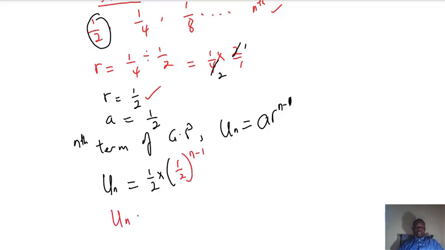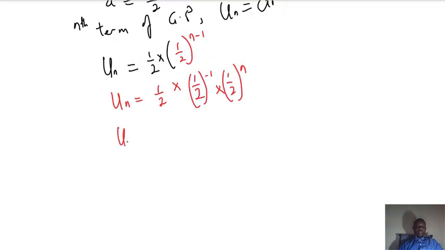So you have Un equal to 1 over 2 times 1 over 2 exponent negative 1 times 1 over 2 exponent n. So Un equals 1 over 2 times, because the exponent of this one is negative, we will make it positive by finding the reciprocal of the number we have here.